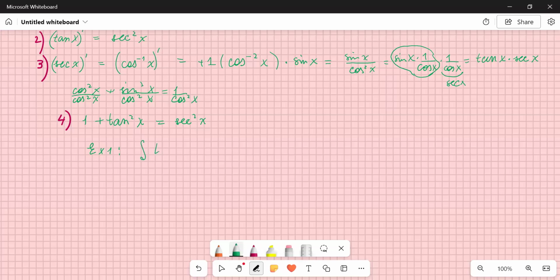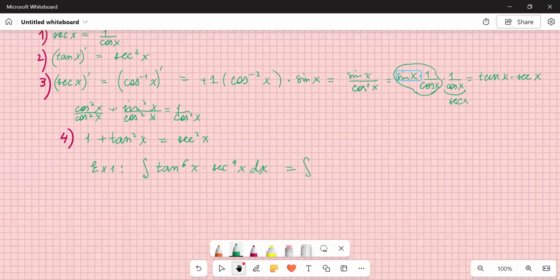So let's try to calculate the integral of tangent to the power of 6 of x multiplied by secant to the power of 4 of x dx. So guys, what I'm going to do, I'll need to do a substitution here. And when you deal with tangent secant integrals, the substitution is either tangent or secant.